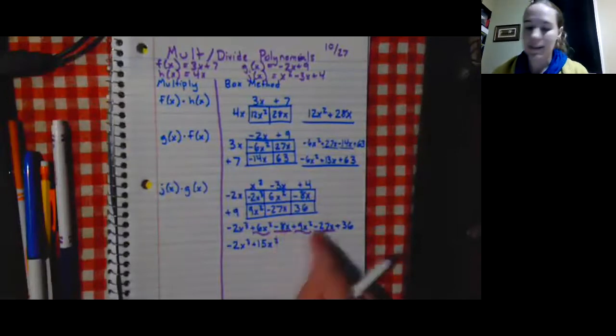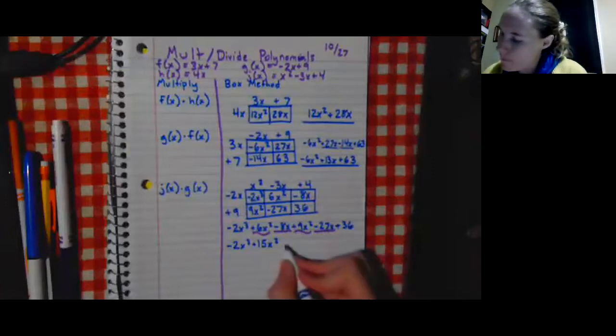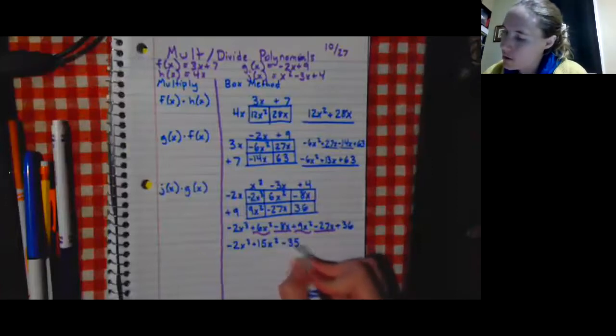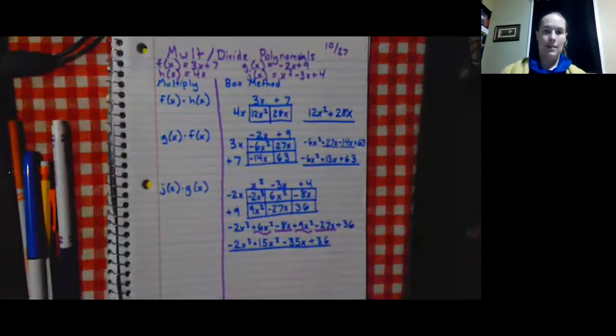Then negative 8x minus 27x. Remember, when you're subtracting from a negative, it gets even more negative, so it's going to be a bigger number. So I have minus 35x and then plus that 36. And that is my final answer.